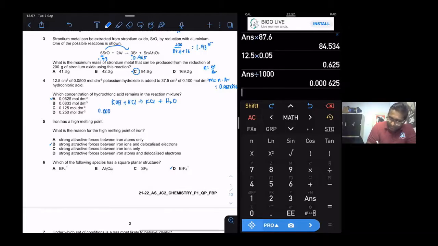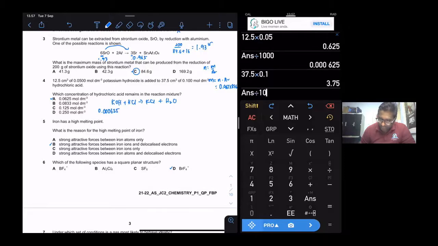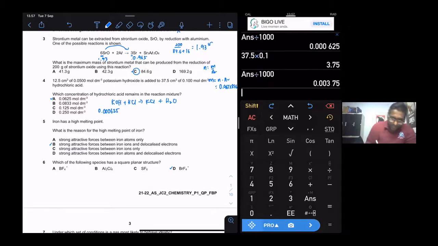I just put 0.000625. And then we look for the number of moles of HCl. 37.5 times 0.1, and then I divide by 1000. That's going to be 0.0375. If we balance the equation, 1 mole reacts with 1 mole. So the one in excess is this one, because the number is bigger.